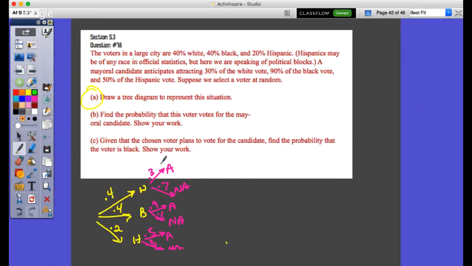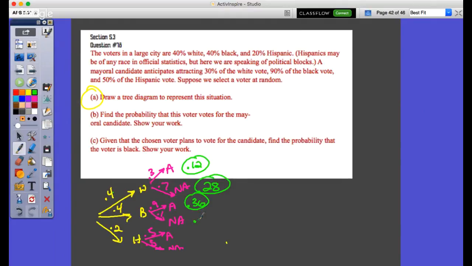So 0.4 times 0.3 would end up being 0.12. What we're trying to do is find the probability that if I chose a person at random, they would be white and be attracted by the candidate, and so forth. So 0.4 times 0.7 is 0.28. 0.4 times 0.9 is 0.36. I'm just multiplying them. Remember it's "and," right?